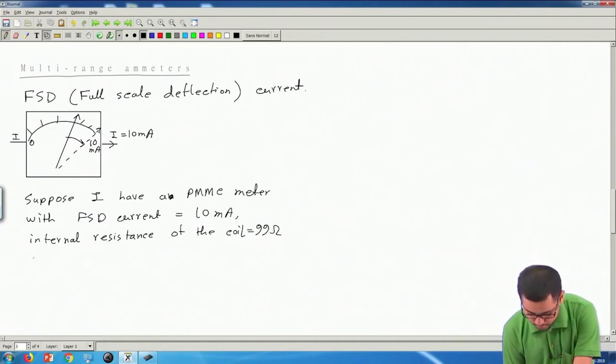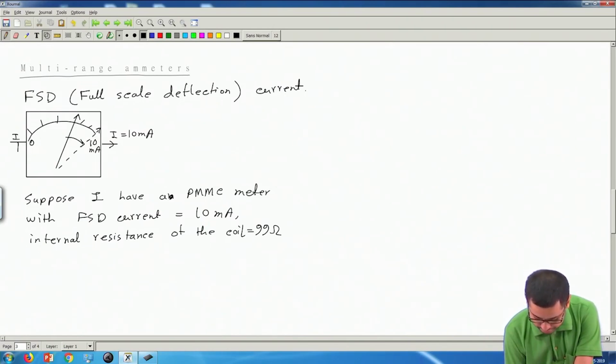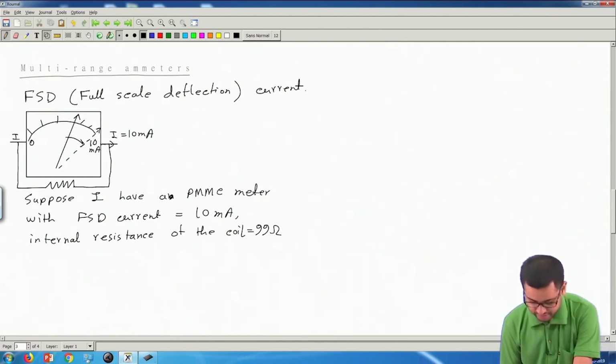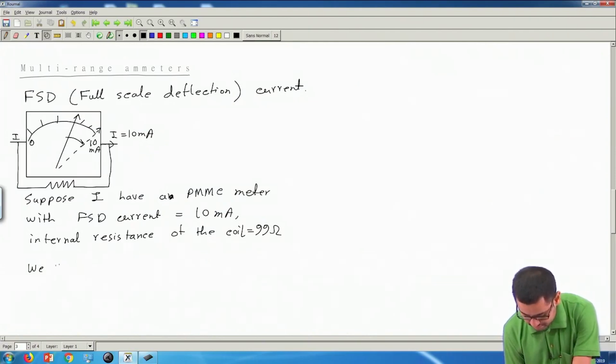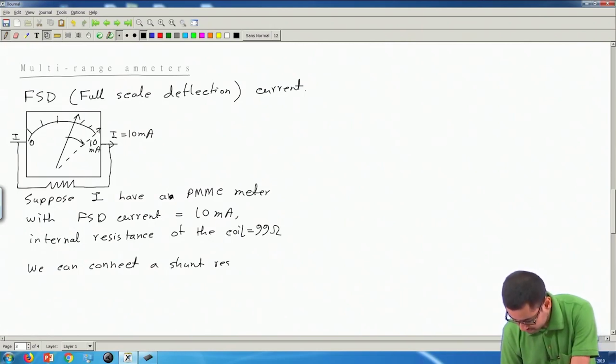Suppose we want to increase the range of this meter, we can connect a resistance in parallel, in shunt, to this meter, a shunt resistance to the meter to increase its range.